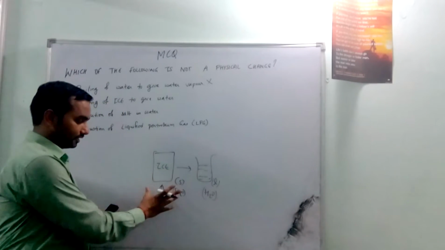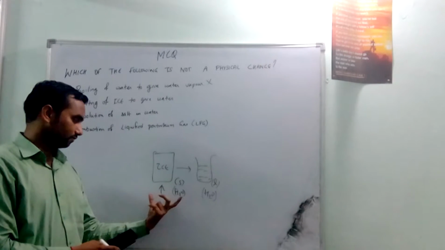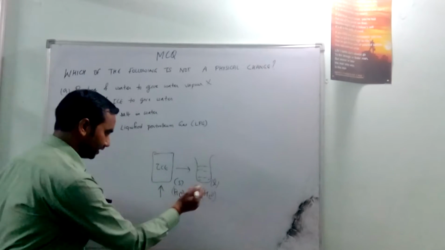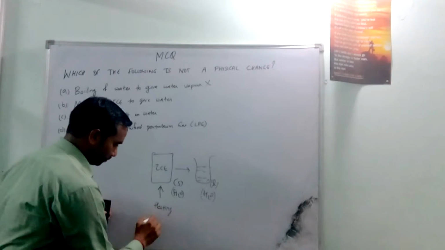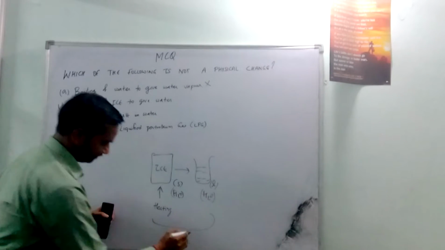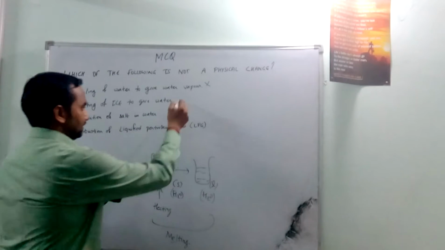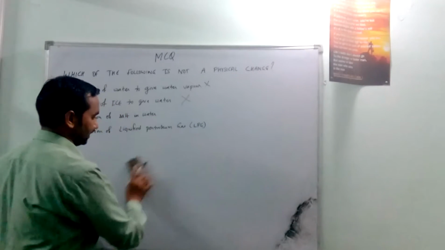The water has the same composition, same formula, having two states, where solid ice is converted into liquid by heating. This process is called melting of ice. Okay, so again it is also a physical change, so this is not the correct answer.